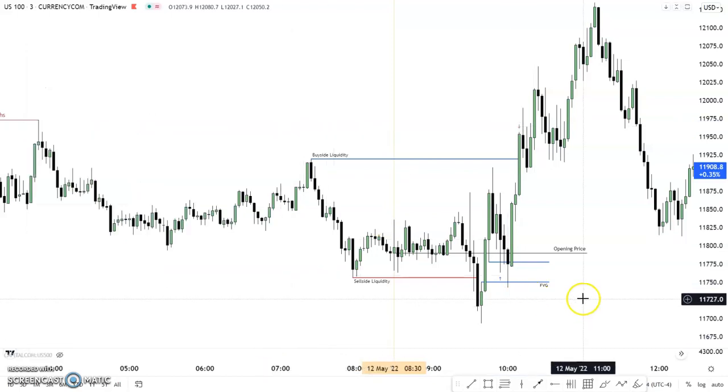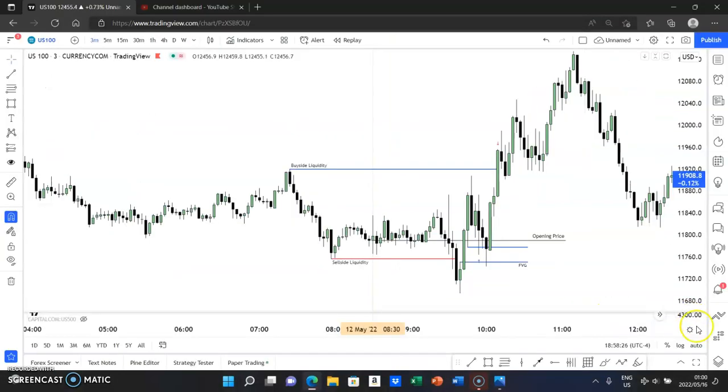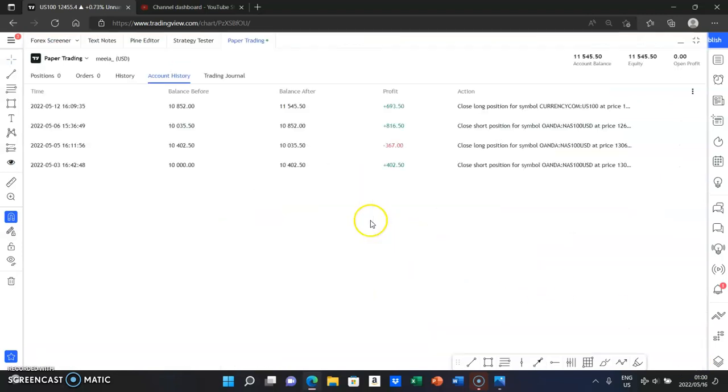Just to show you guys that it is the same account, here's your trading history. You can see it started at 10k, and I had one loss so far, which I didn't record, because I was trading on another account as well, so I didn't have time to record this loss.